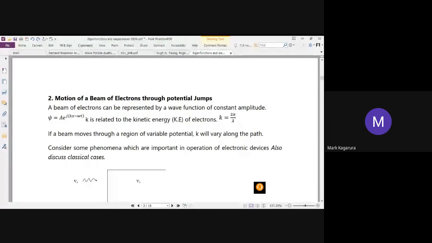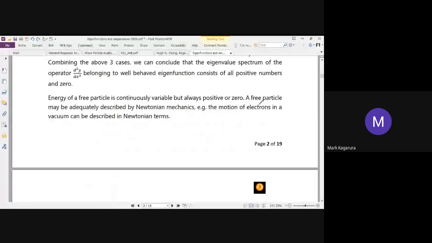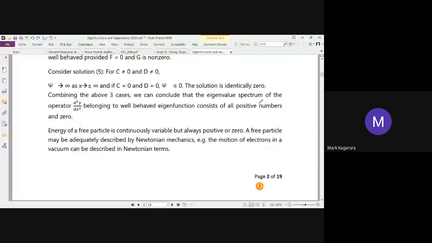For a free particle, definitely the solution is going to be a sinusoid waveform.